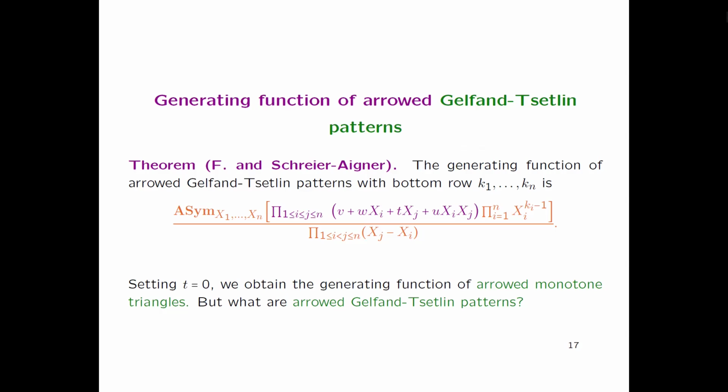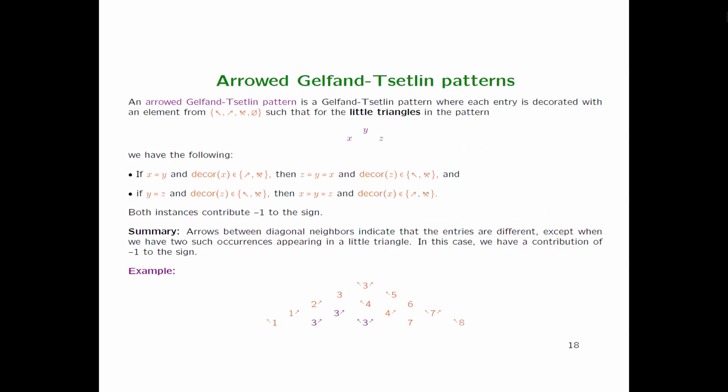There are arrowed Gelfand-Zetlin patterns, but if you do set t equal to 0, you really do get the generating function of arrowed monotone triangles. But I also want to answer the question, what is an arrowed Gelfand-Zetlin pattern, because Arturo will give a talk about those. So let me explain it.